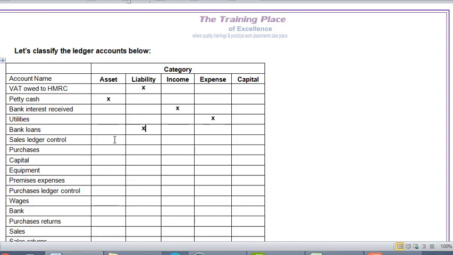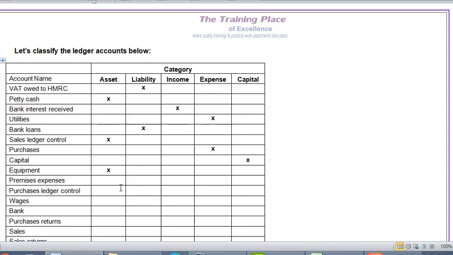Sales ledger control account, that is an asset. Purchases. Capital is capital. Equipment, that is part of what the company owns.